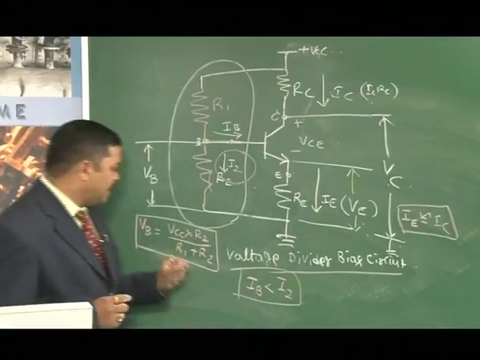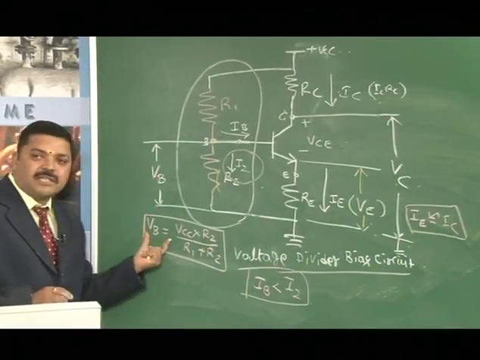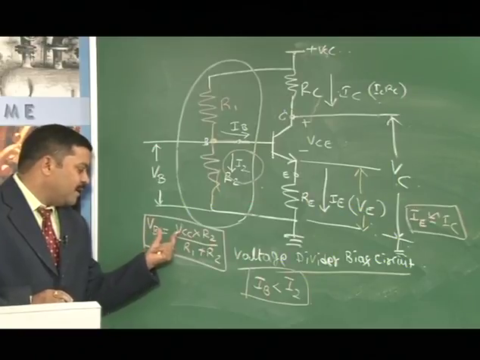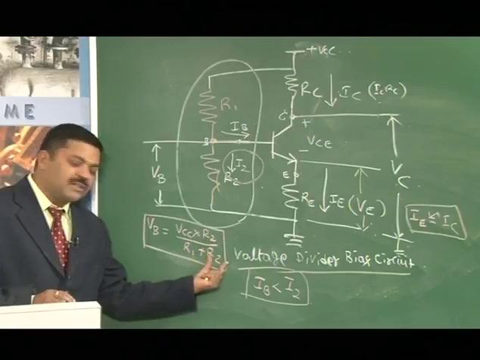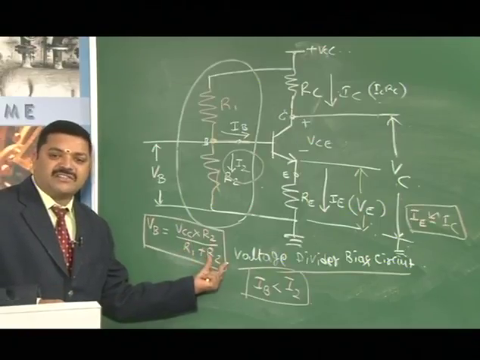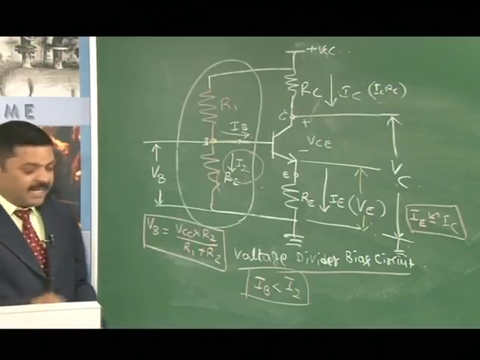The next point is VB, the voltage at the base terminal with respect to ground, given by VCC R2 divided by R1 plus R2, is assumed to be constant, and we therefore find out the further values, right.